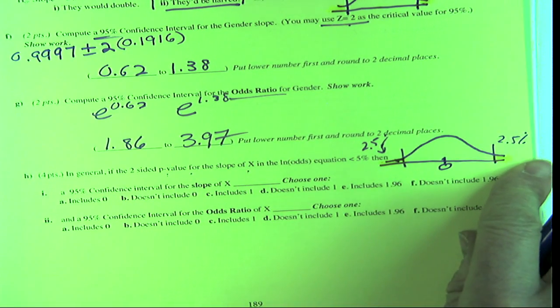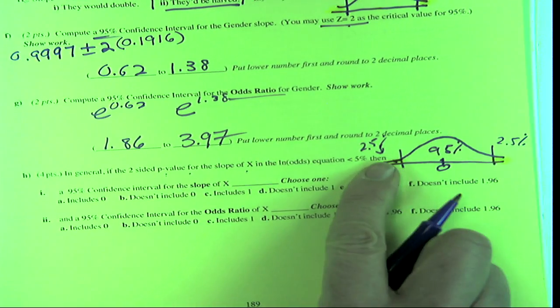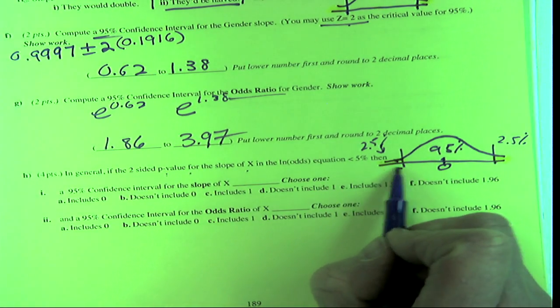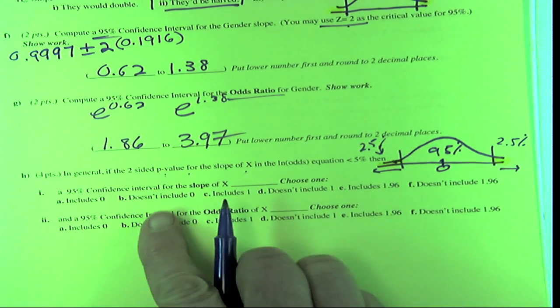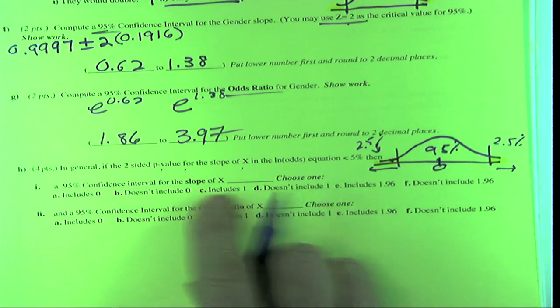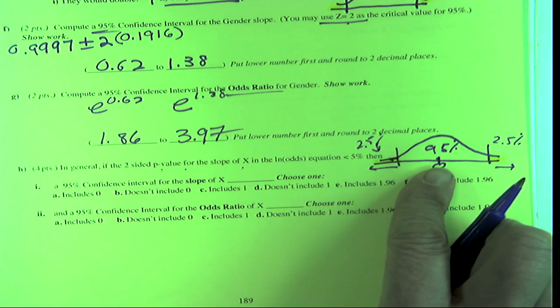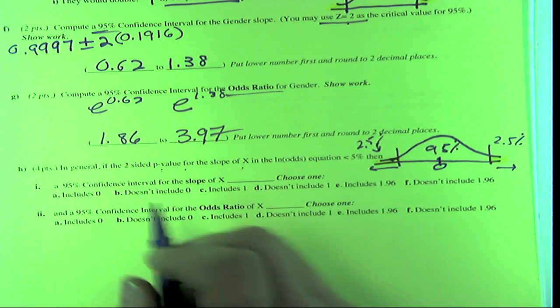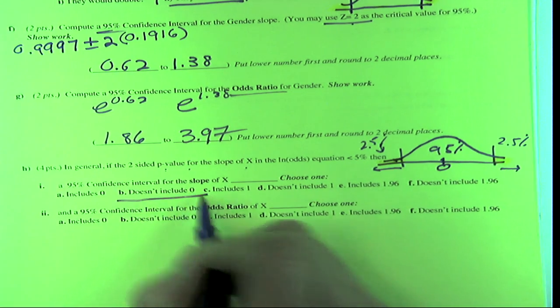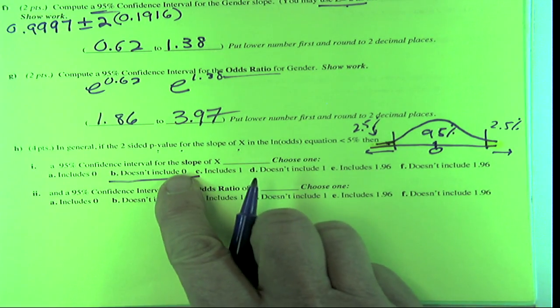So 95% is in the middle. If we got significance, that means we're either here or here. And what does that mean? A 95% confidence interval for the slope doesn't include 0. But when we change it to the odds ratio, that's the same thing as saying what?